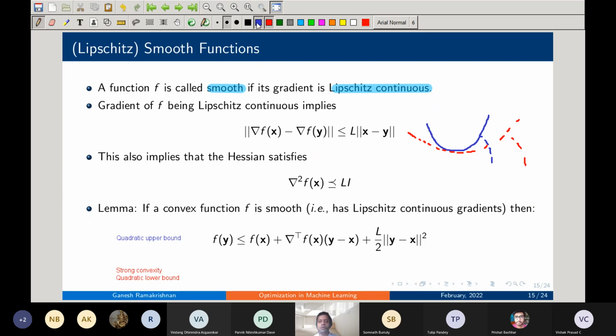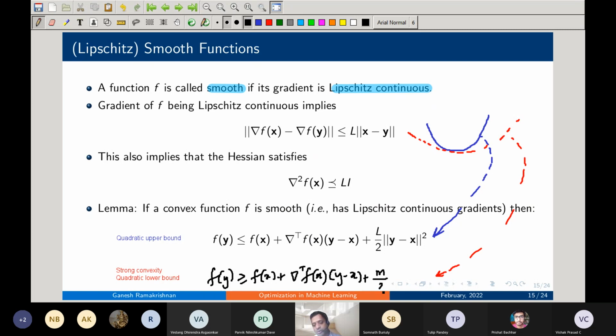Okay, so we can complete this picture as well, and that was f(y) is greater than or equal to f(x). So everything looks the same, but the quadratic lower bound will have a different constant, M by 2 instead of L by 2. The constant will change, that's it.